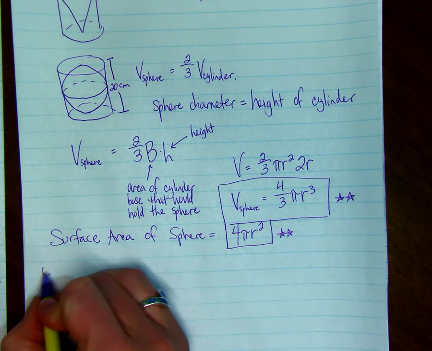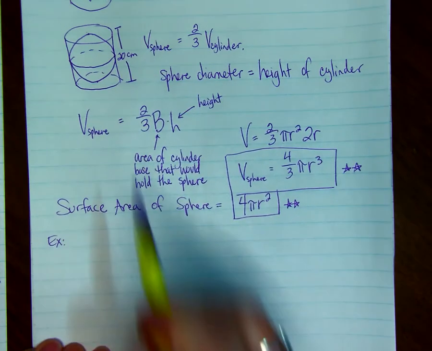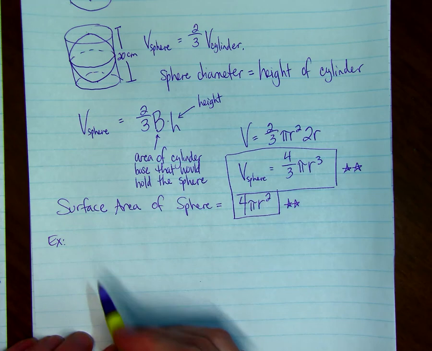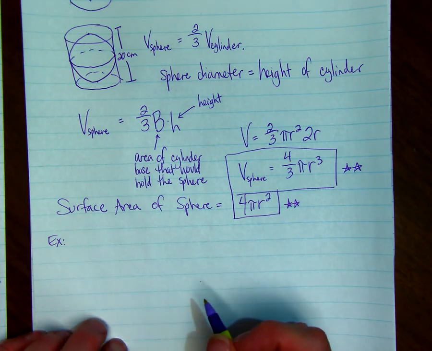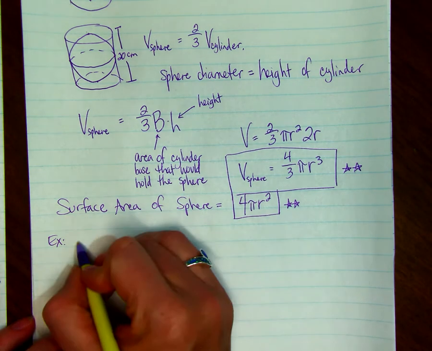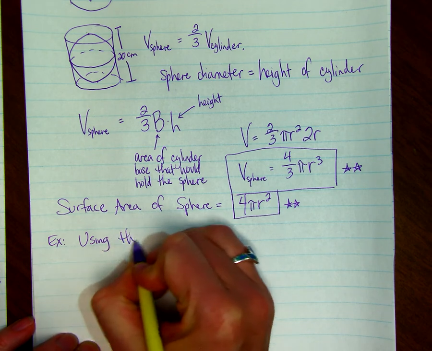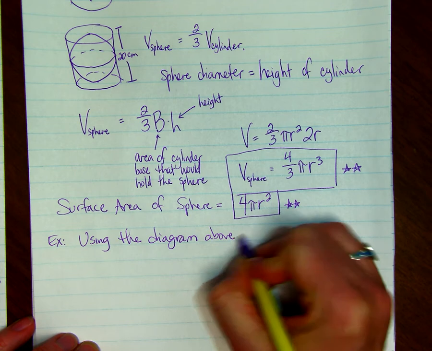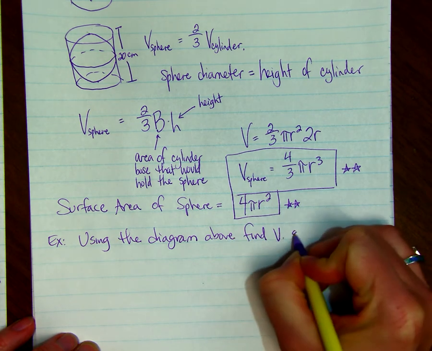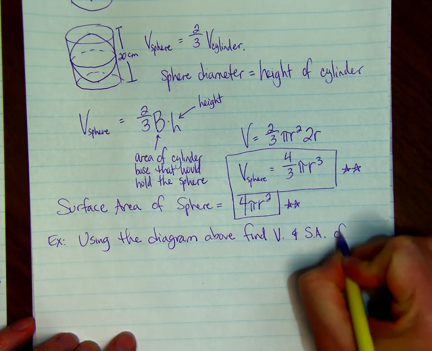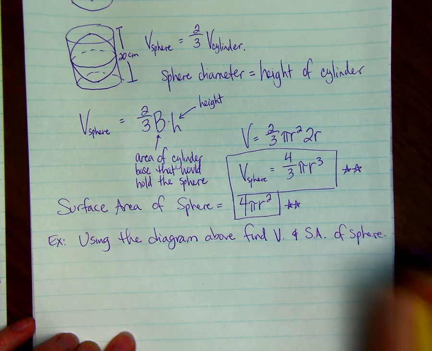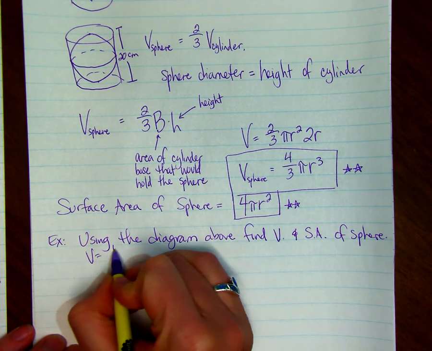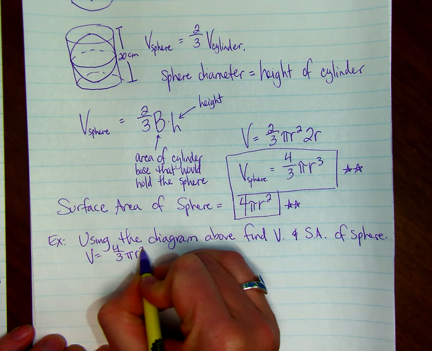So we're going to do an example just using this figure right up here above where the diameter is 20 centimeters. Find the volume and surface area of that sphere. So the volume is 4/3 pi r cubed.